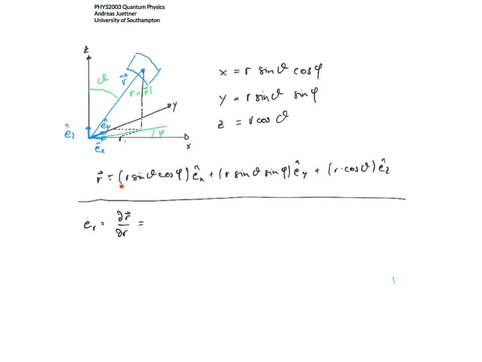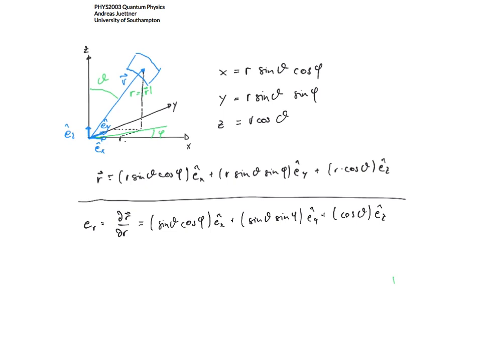So then I get sine theta cosine phi times e x plus sine theta sine phi e y plus cosine theta e z.